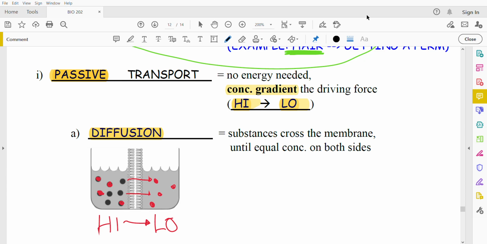So we have reached an equilibrium, and that's how diffusion works. So these substances that are shown on this diagram as these red dots, they're able to cross the membrane, and they do that until there's an equal concentration on both sides.